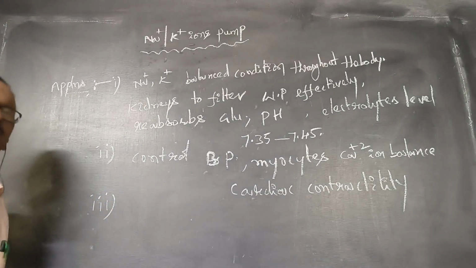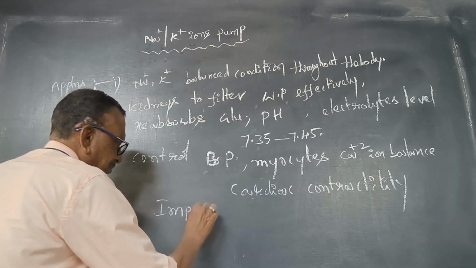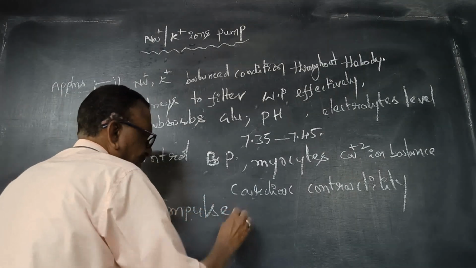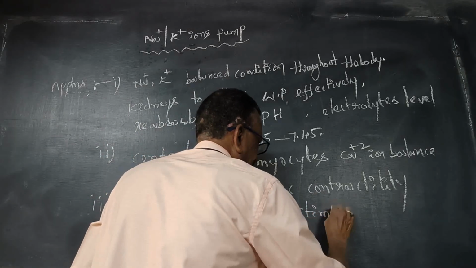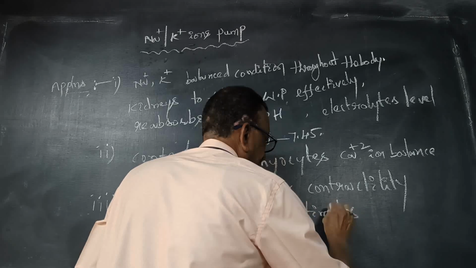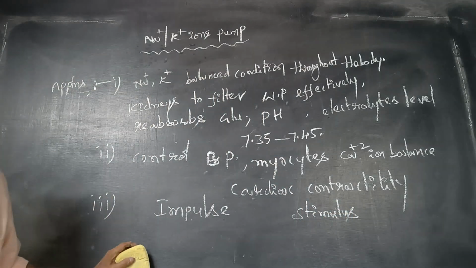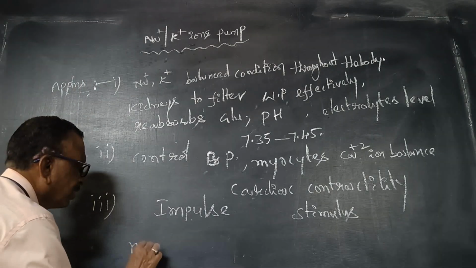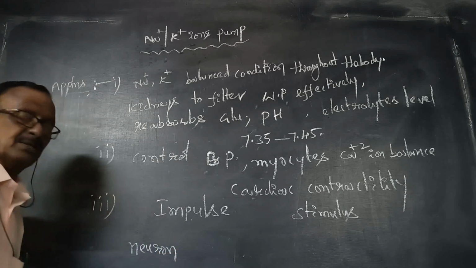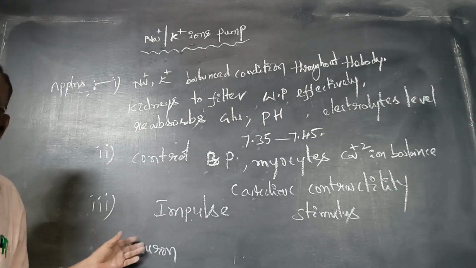Now I am moving to the third one: impulse and stimulus. In the case of a nerve cell, called a neuron, it will have dendrites and an axon.